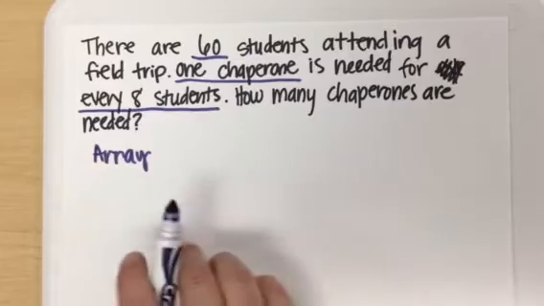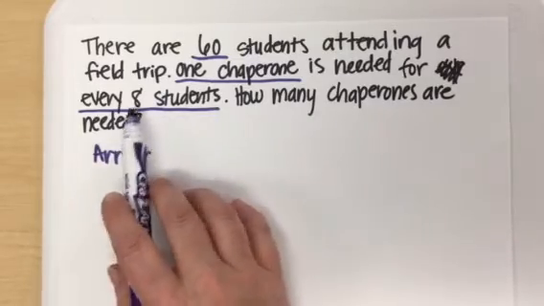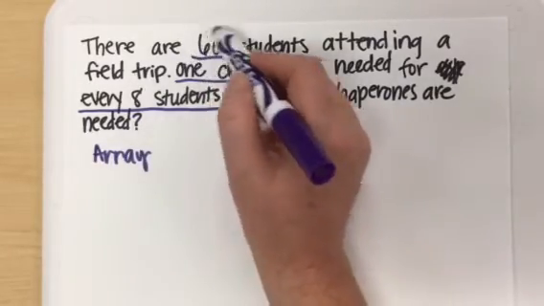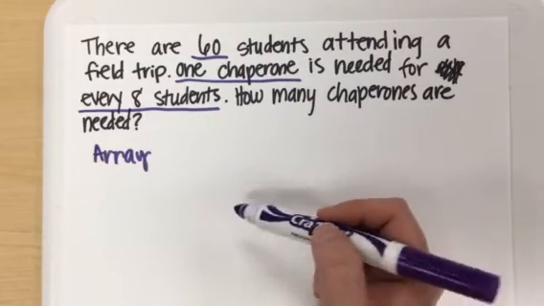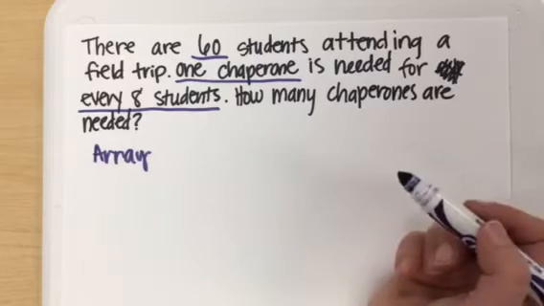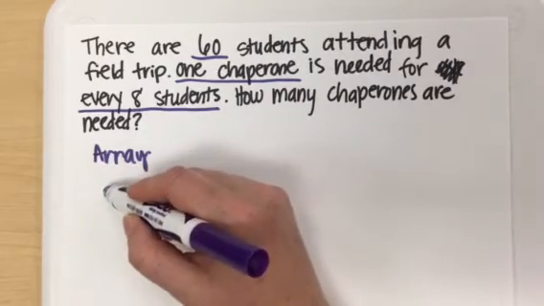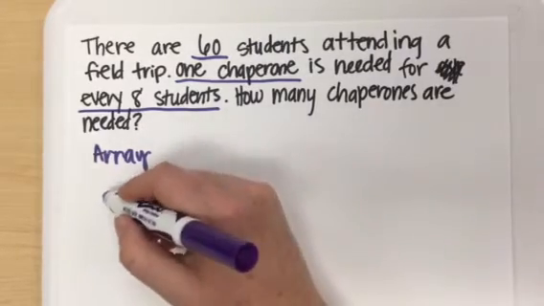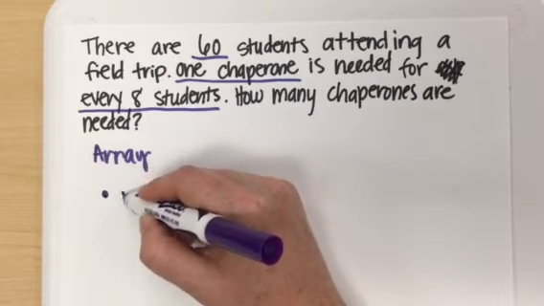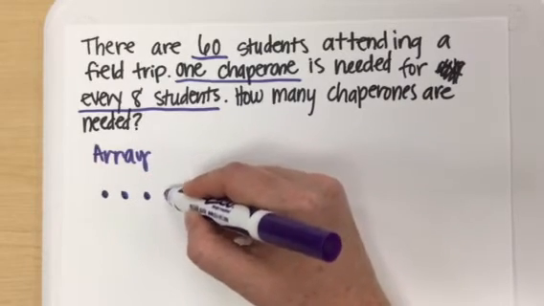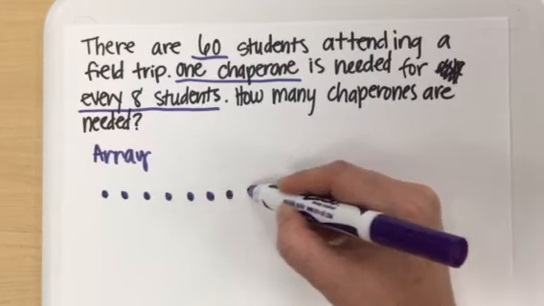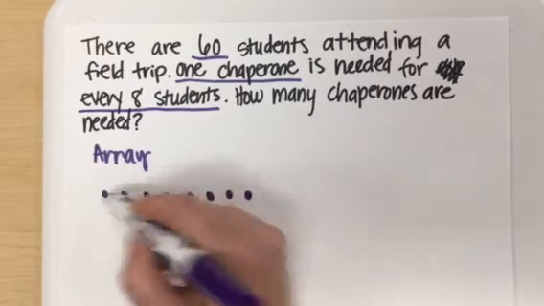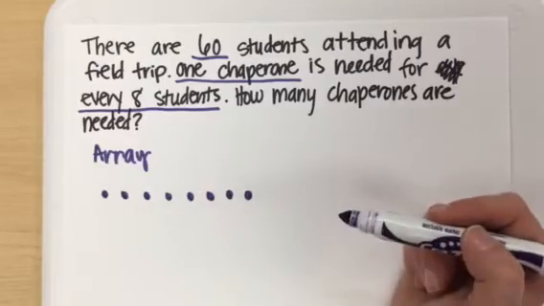My whole is going to be 60 because there are 60 total students. So I'm going to end up wanting 60 total dots on here. I'm going to put them into groups of 8, so I am going to do 8 across. 1, 2, 3, 4, 5, 6, 7, 8. So this would be one chaperone for these 8 students.